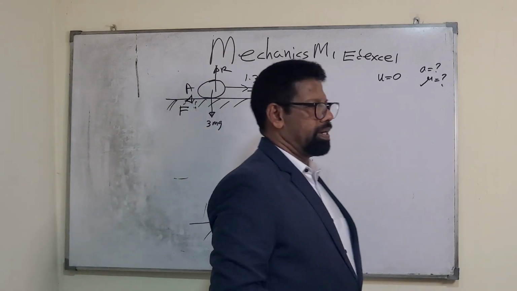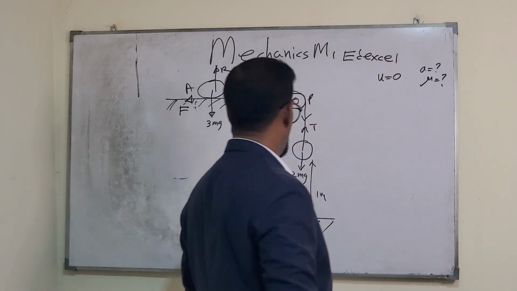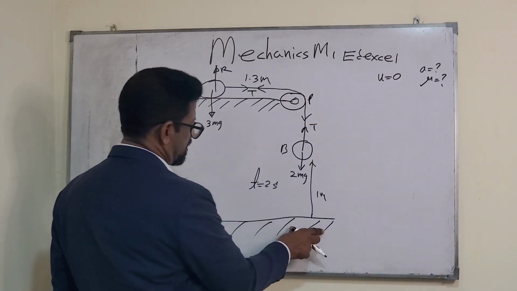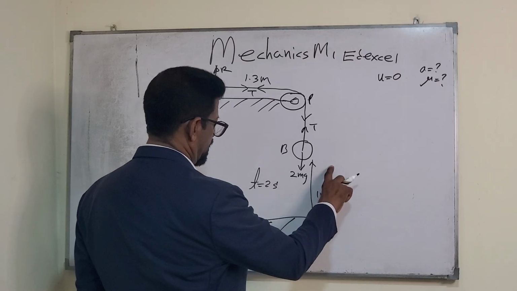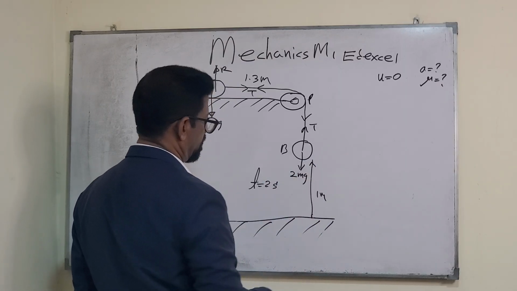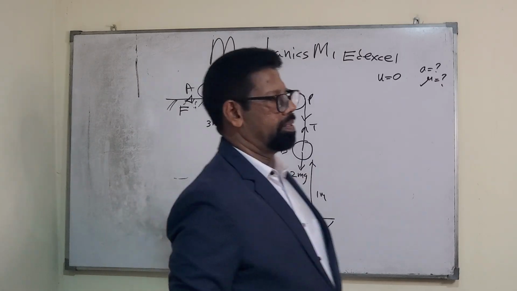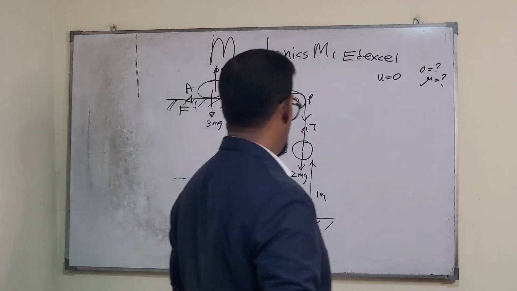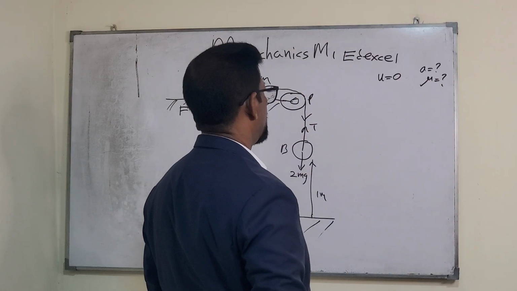First we are going to find the acceleration. It is given that B hits the ground after 2 seconds, moving 1 meter. We know the motion rule, distance and acceleration.